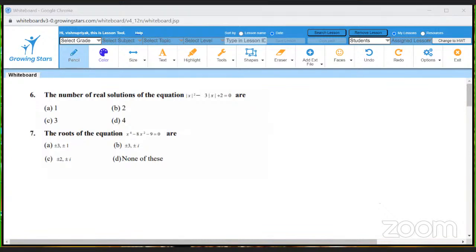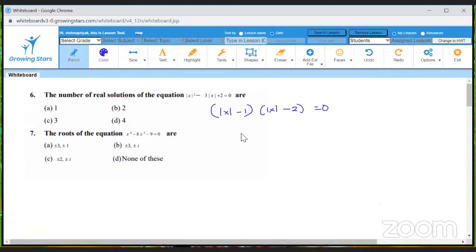So this quadratic equation, I have to factorize. It is factorizable. How will I factorize? I will keep mod of x like that only. I will write mod of x minus 1 is the first factor. Mod of x minus 2 is the second factor equal to 0.